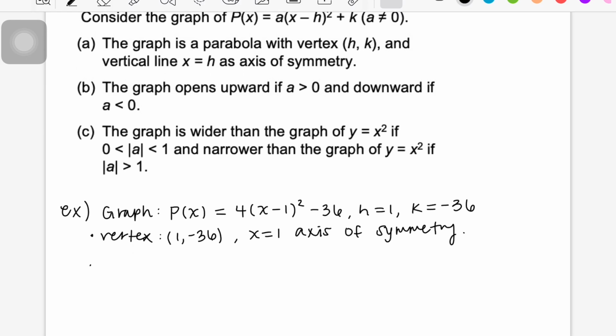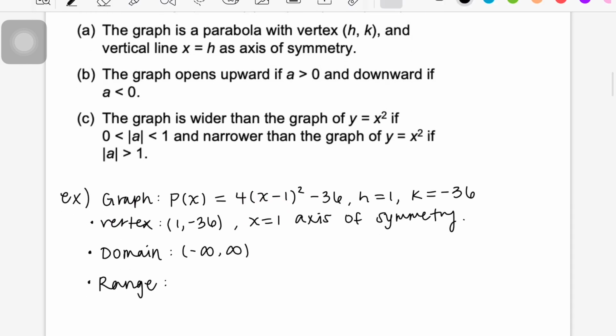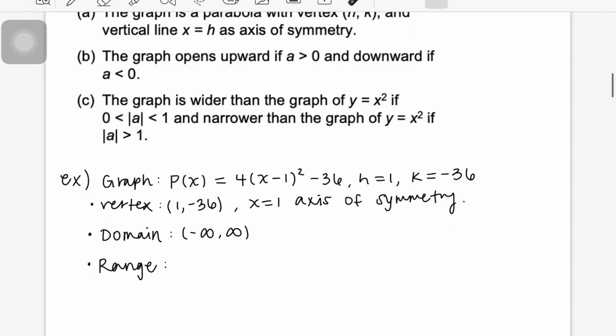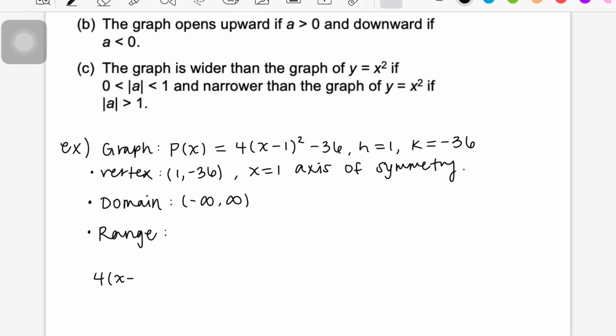The next thing we're going to want to do is find the domain and range for this function. This is a polynomial, and we know that the domain of a polynomial is going to be all real numbers. There's not going to be an x value that will make this undefined. Now for the range, notice that for 4 times (x minus 1) squared minus 36, this squared term is always going to be non-negative, because of the square.